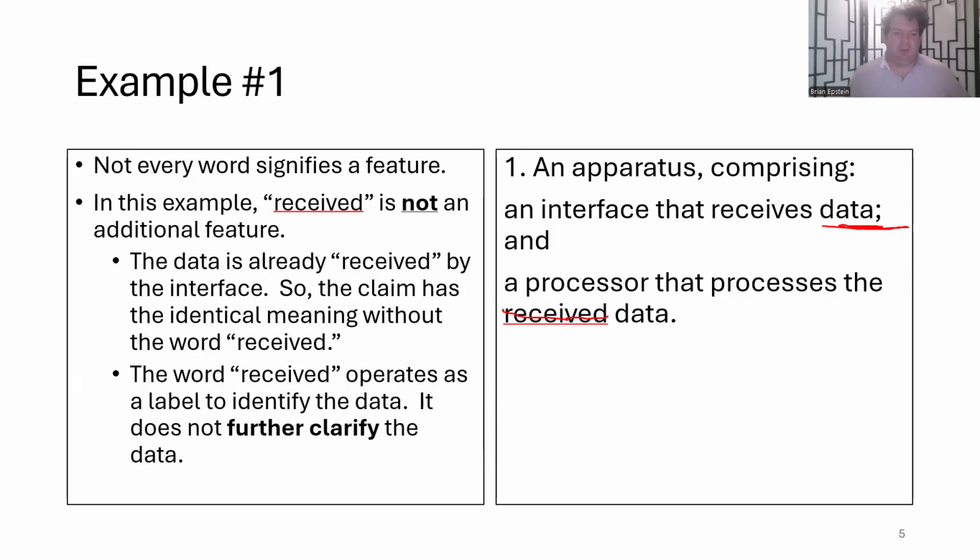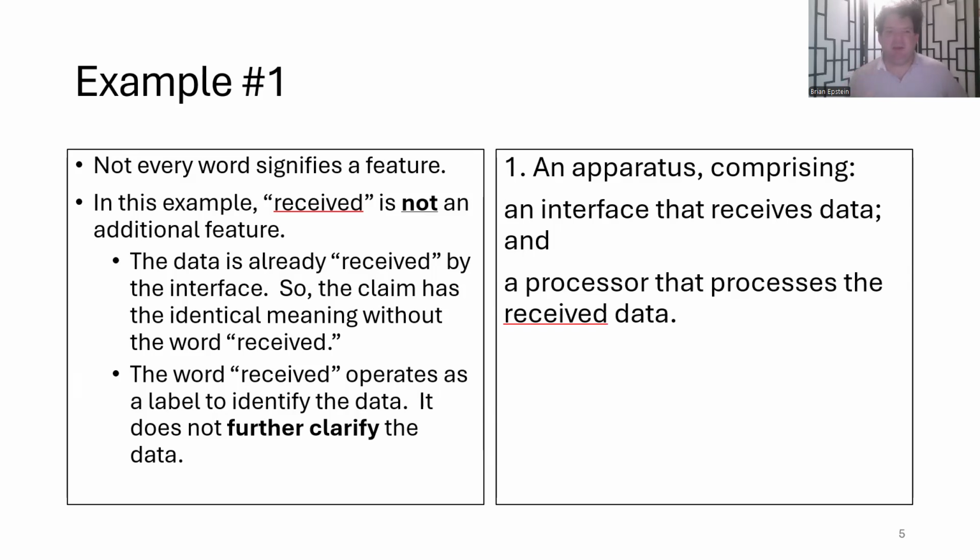Well, hang on, I'm trying to erase the ink. Okay. What is the role of received? Well, it's just operating as a label to identify the data. Okay, yeah, it's easy for a human to understand. It clarifies it for a human, but it doesn't really clarify what is the data.